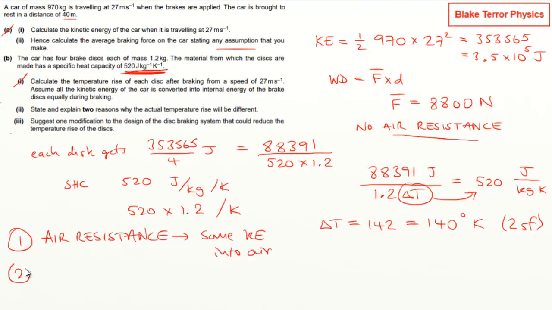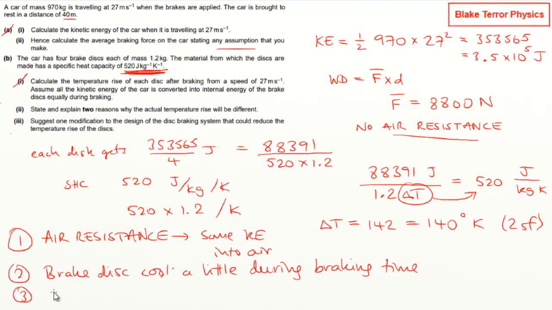You could have the brake discs cool a little during the braking time. So that's another one, because you've got airflow around them and they're hotter than the surroundings. You might think of other things that happen when you're braking.